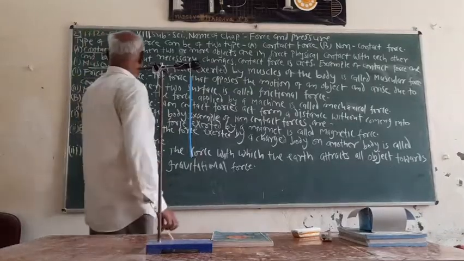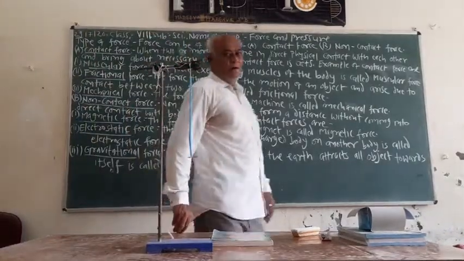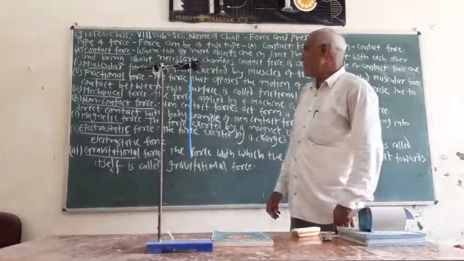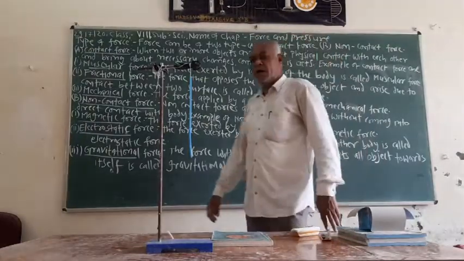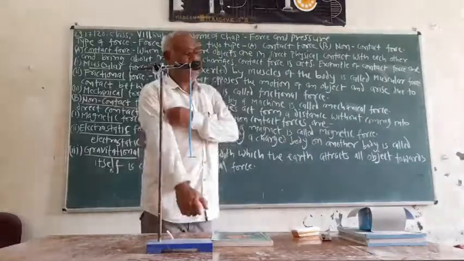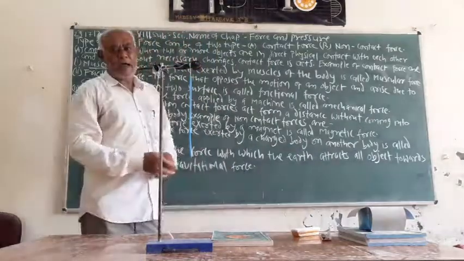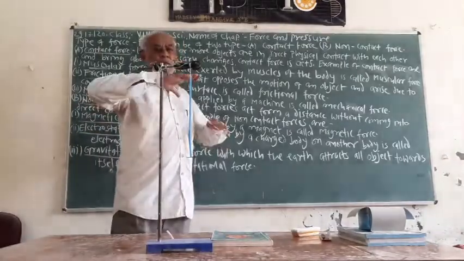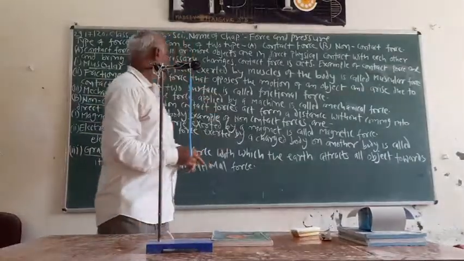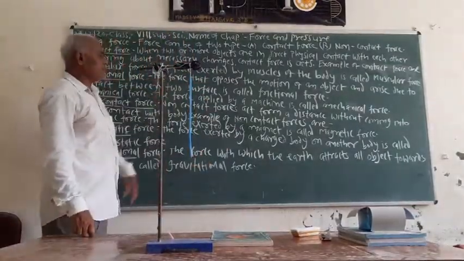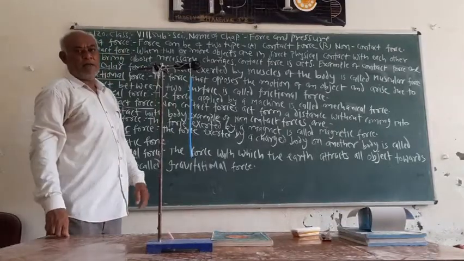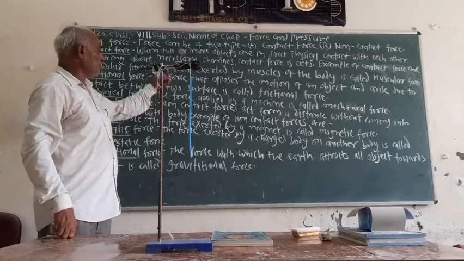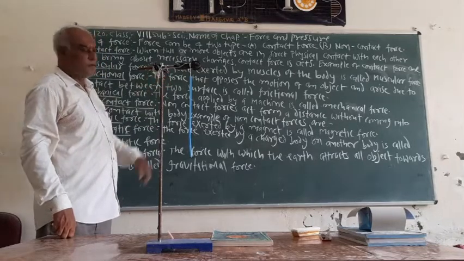Frictional force is the second example of contact force. The frictional force is the force that opposes the motion of an object. Frictional force always acts in the opposite direction of the moving object. Therefore, the force which retards the motion of an object is called force of friction or frictional force.